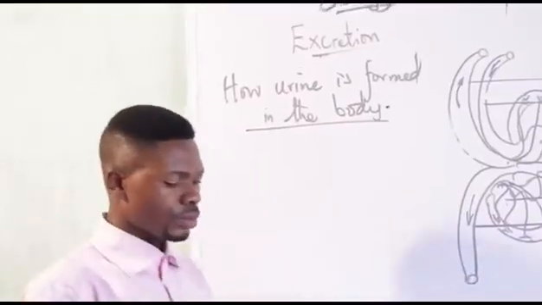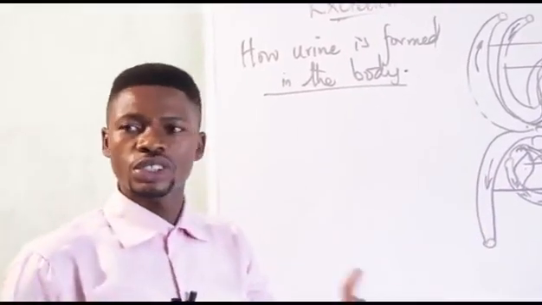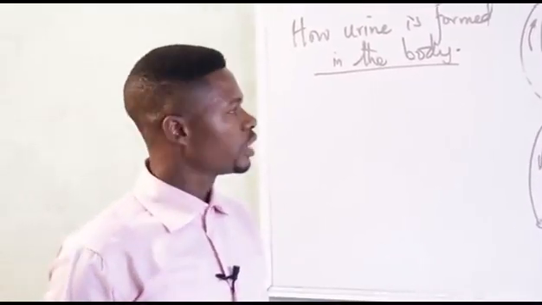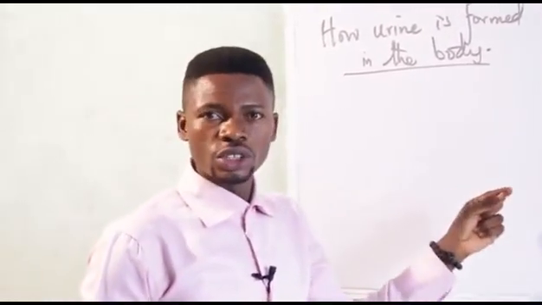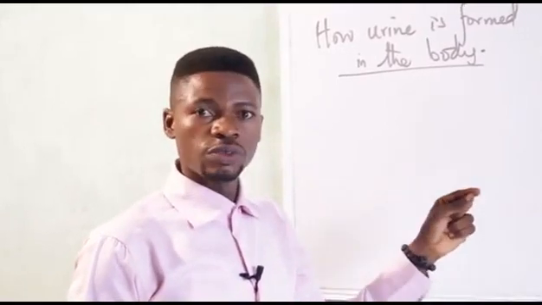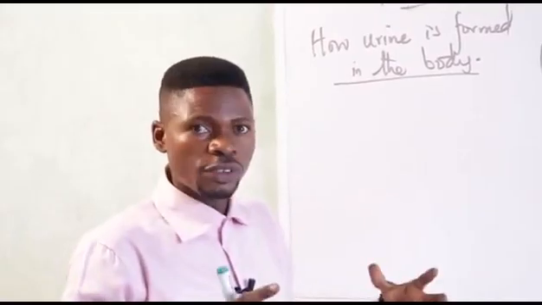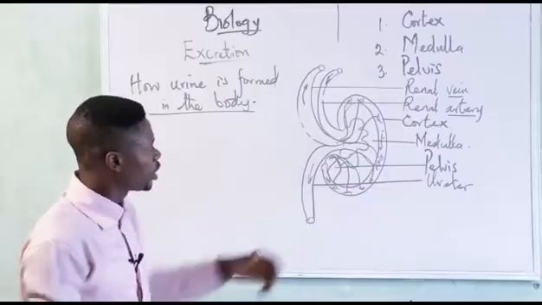Now, the excesses you have in your body need to be removed. And a special organ that does the removal, the function of removing this waste from your body, is the kidney.